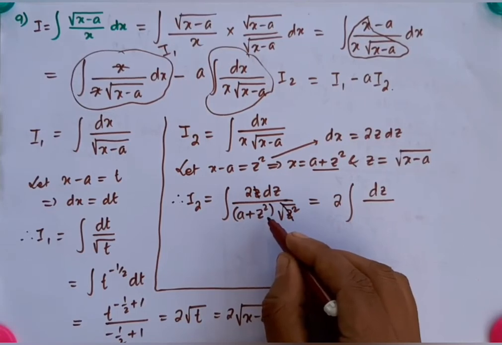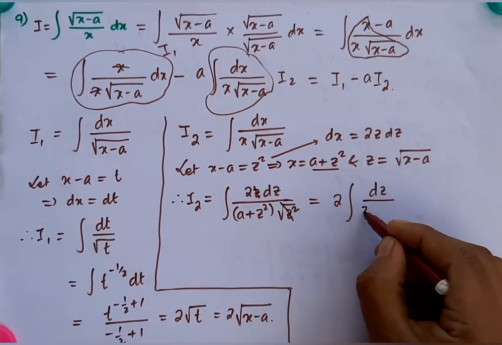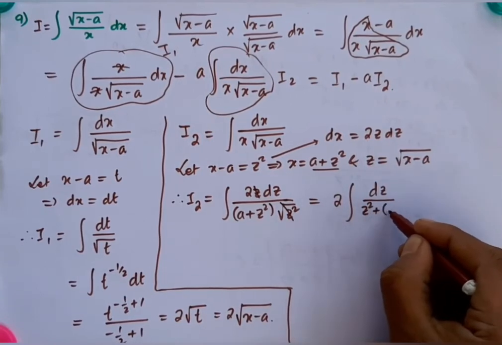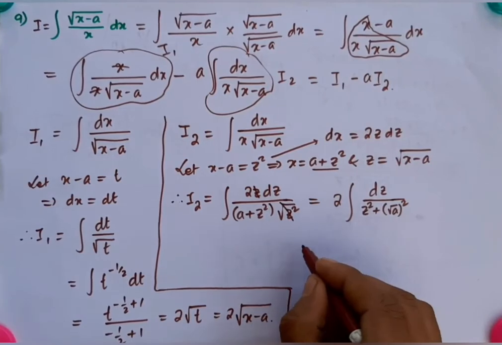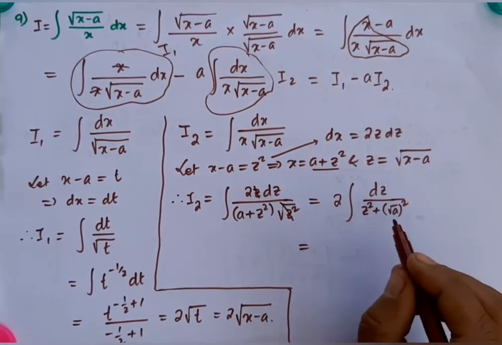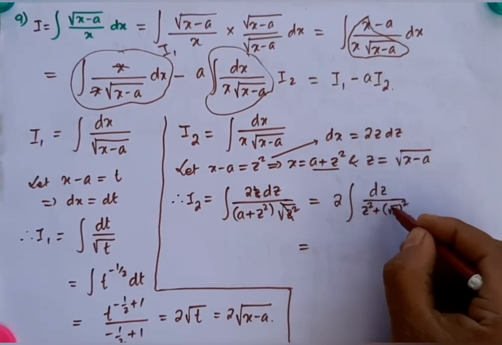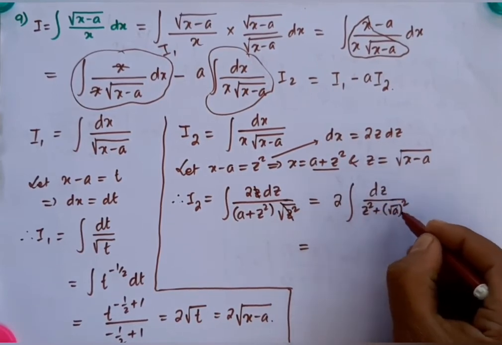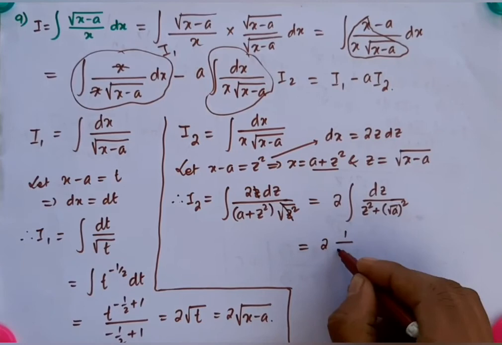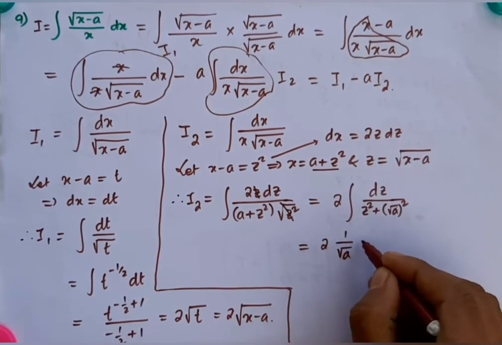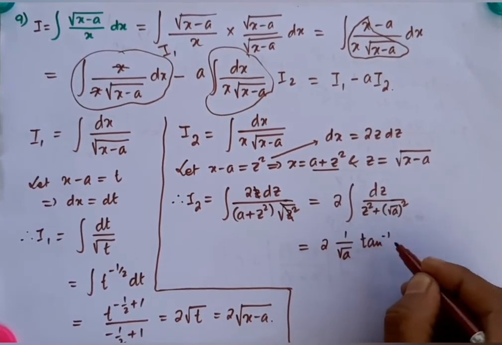Can I write a plus z square as z square plus square root of a whole squared? Yes. If this is so, then the integral dx by x square plus a square is 1 by a tan inverse of x by a, isn't it?